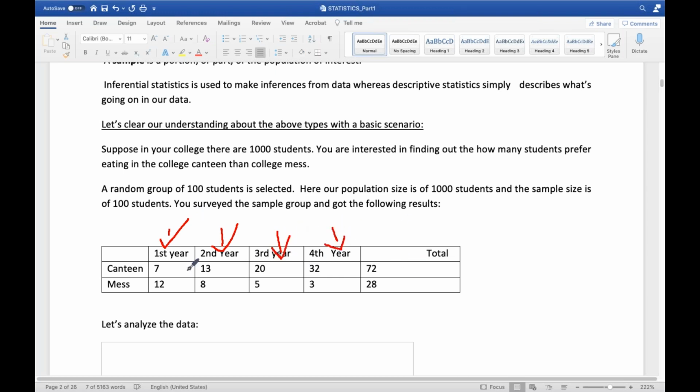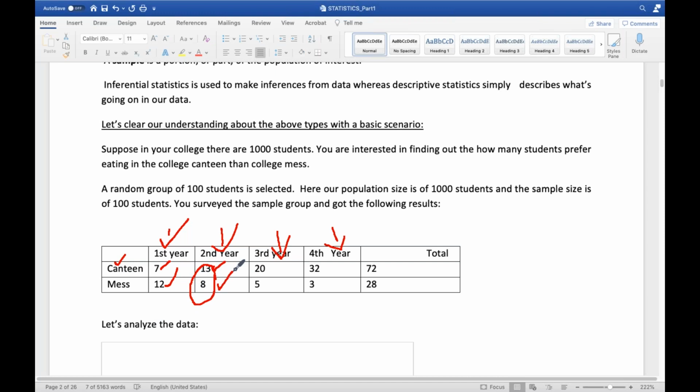From the first year, 7 people are interested in taking food in the canteen, and 12 members are not interested and take the college mess itself. Now second year people, 13 people, and 13 plus 8 in the sense 21.